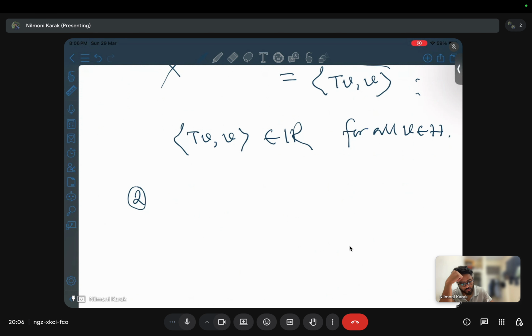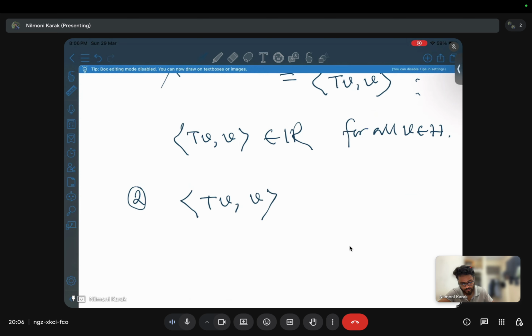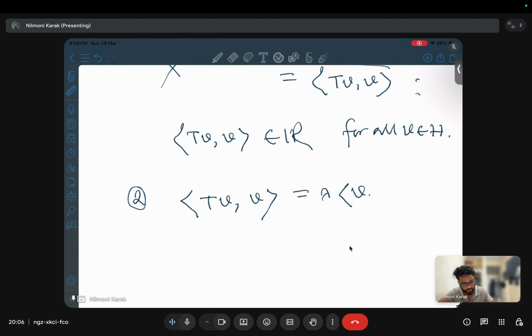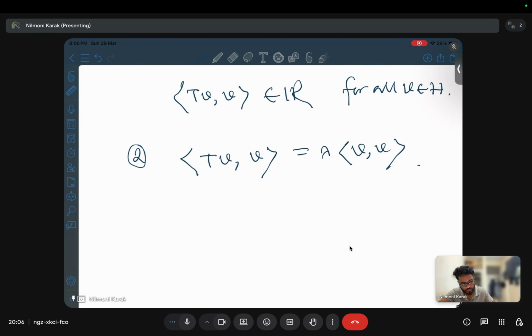And what about two? Lambda means eigenvalues are always real. Yes, this is just the spectral theorem. So suppose T v equals lambda v, and this is lambda ||v|| squared.